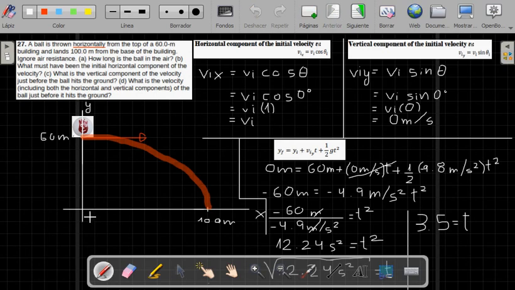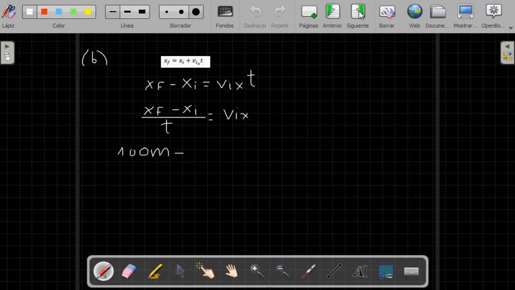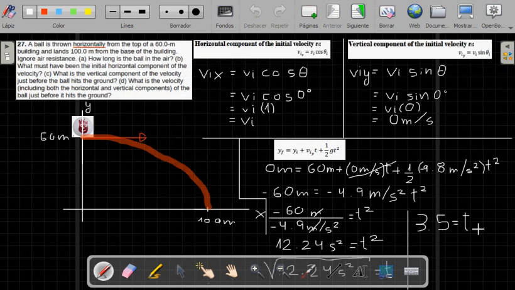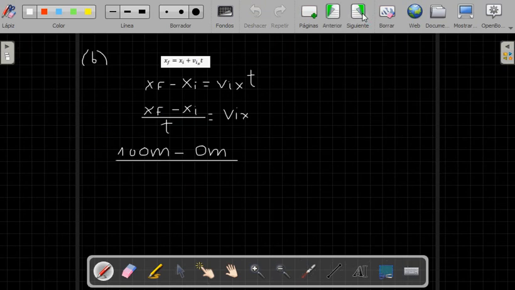Let's remember that our building is at the beginning of the x-axis, 0 meters, divided by the time, which is equal to 3.5. Yes, it is 3.5 seconds. I forgot to put here seconds.